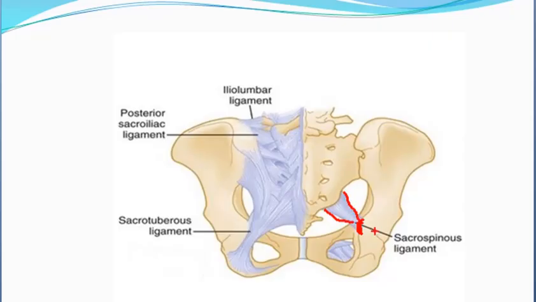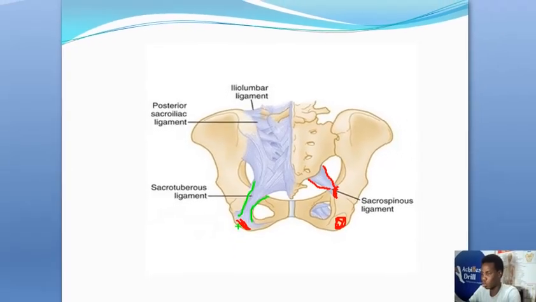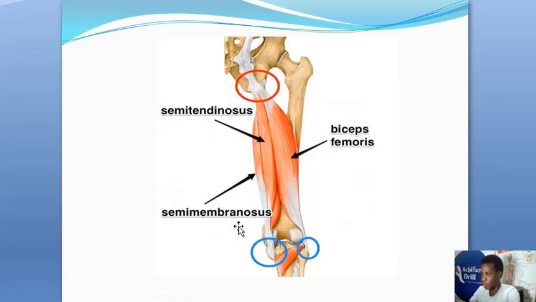So that's the spine for you, and then the ischial tuberosity is somewhere here, and you can see the sacrotuberous ligament. This ligament right here is attaching to the ischial tuberosity. So those points, they are there. Those structures are important for muscle and even ligament attachment. For example, the sacrotuberous ligament and the hamstring muscles: semitendinosus, semimembranosus, and biceps femoris.